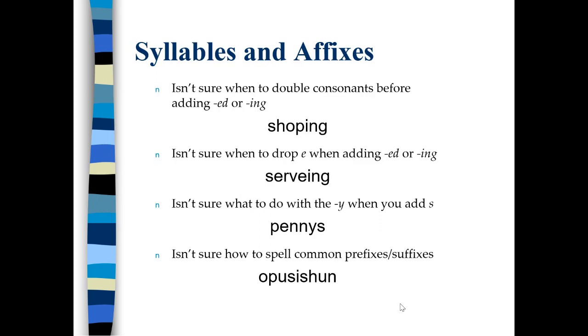For syllables and affixes, we're teaching our students double consonanting whenever we add an ending or a suffix to a word, like shopping should have the double P before you add the ing. These students are learning when to drop an E at the end of a word if we're adding a suffix to the word.